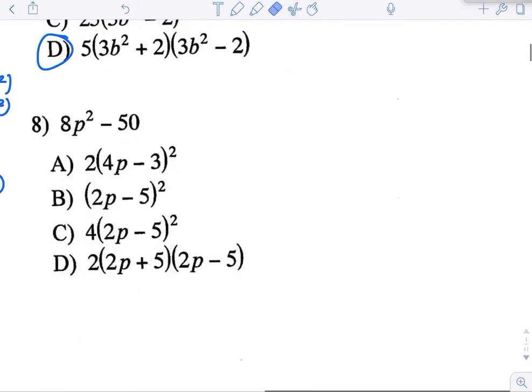Okay, number 8. Factor out a 2. So we're going to get 4p to the second minus 25.